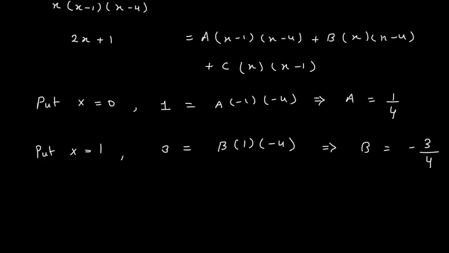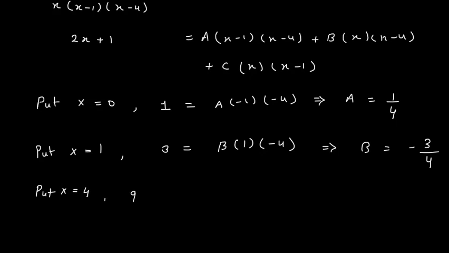And similarly, to get the value of c, we will make a and b 0. So for a and b, you see that x minus 4 is common. So put x equal to 4. By putting x equal to 4, on the left we get 4 twos are 8 plus 1, 9.